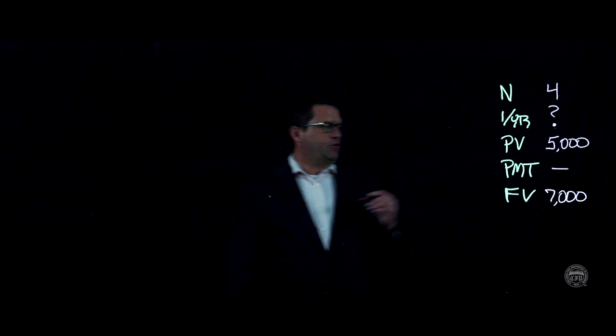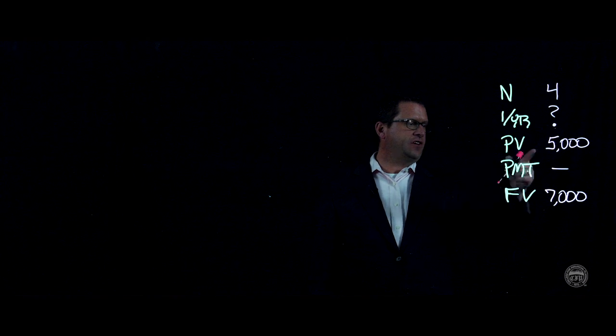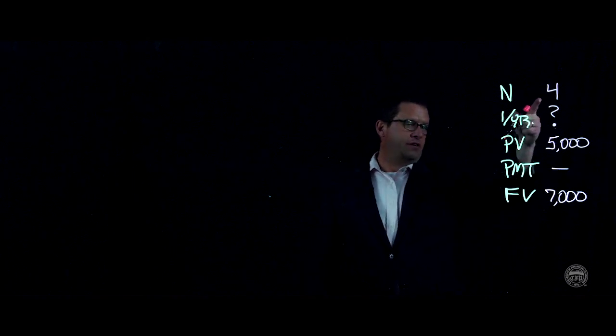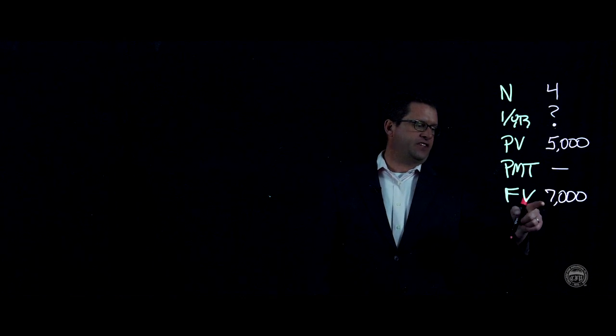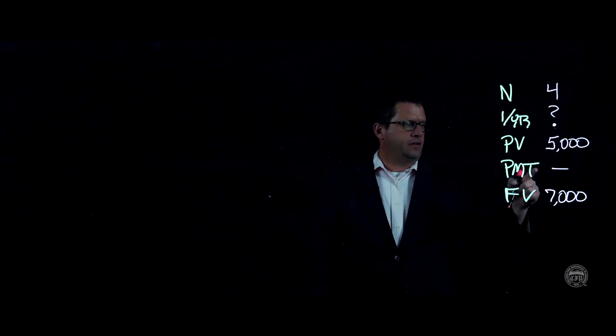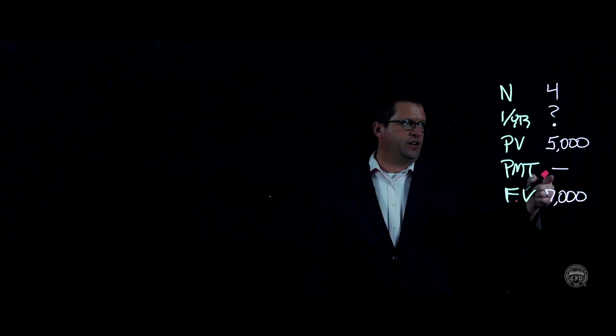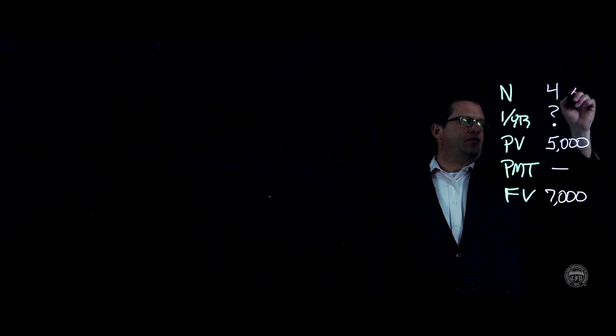So, if we review our fact set, he has put $5,000 into the fund today. In 4 years, he expects it to grow to $7,000. Okay, on a muni bond fund these days, that's a little unrealistic, but we'll use this for our calculation anyway. There's no payment to be contended with, and we have annual compounding.